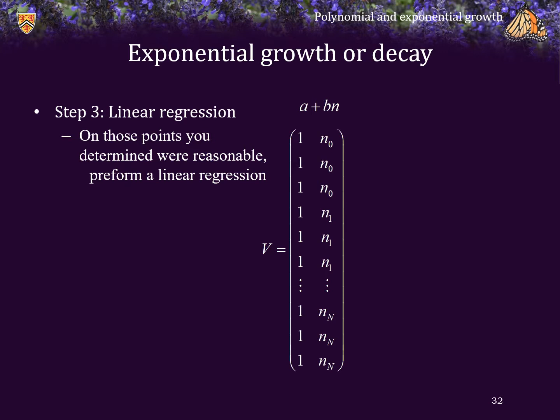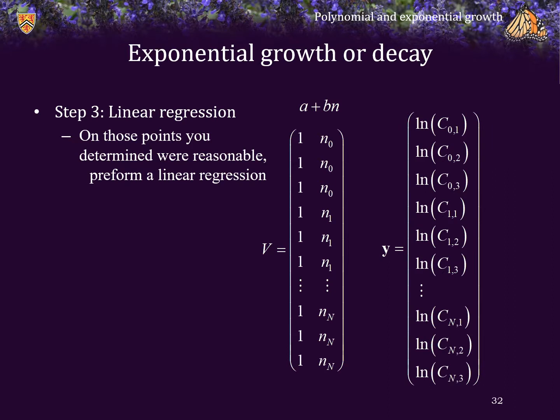So it's a times 1 plus b times n, and we have each n value replicated 3 times. We also take the logarithms of each of the counts at these points. We then solve the linear regression problem to find the coefficients a and b.